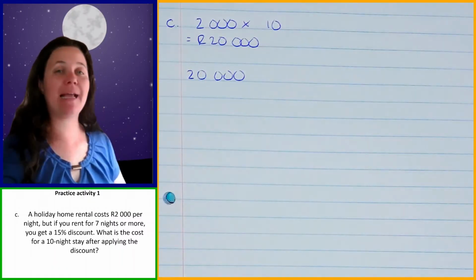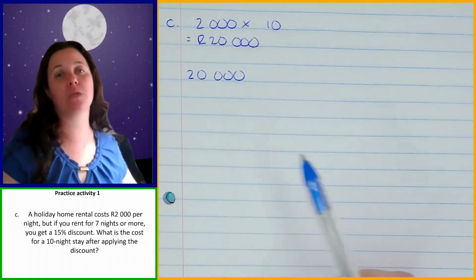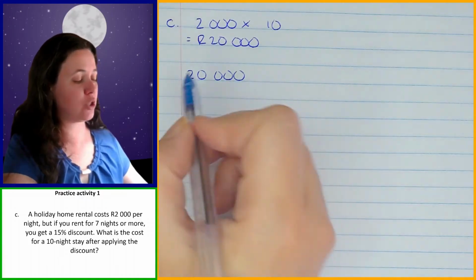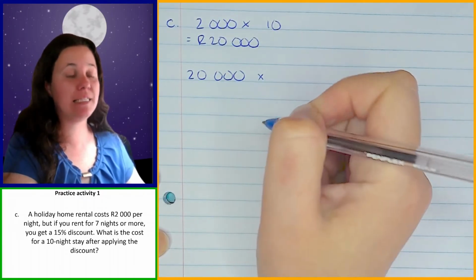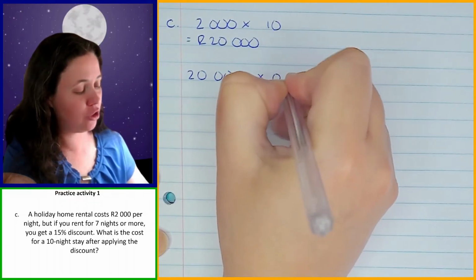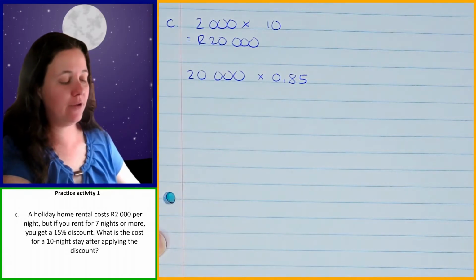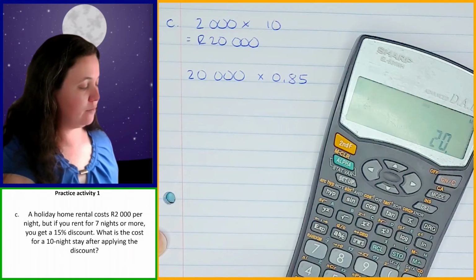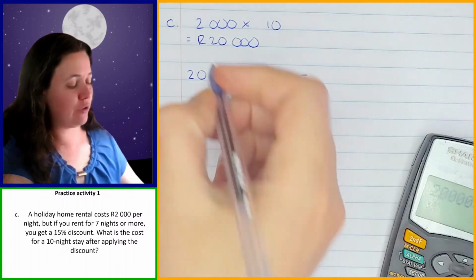So they're going to be paying 85% of the normal amount that they would have had to pay if there wasn't a discount. Okay, so we're going to take the 20,000, we're going to multiply by 85% as a decimal fraction. So it's going to be 0.85. So 20,000 multiplied by 0.85, and that should give you 17,000 Rand.